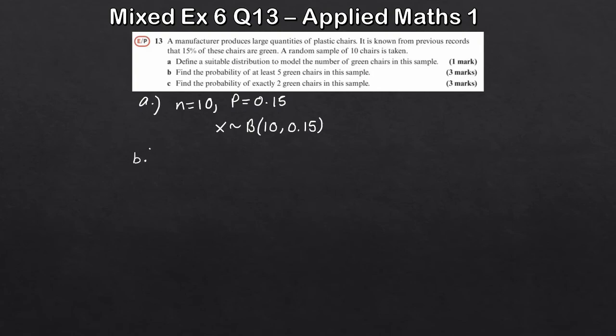Part B here, we want to find the probability of at least 5 green chairs in this sample. You need to be careful which way you define the inequality here. If we want at least 5, then we need 5, 6, 7, 8 and above chairs.